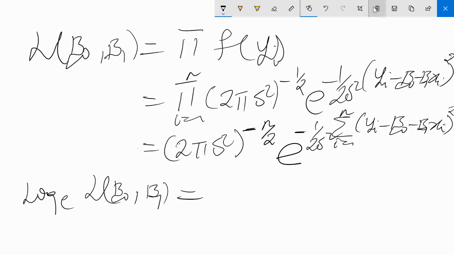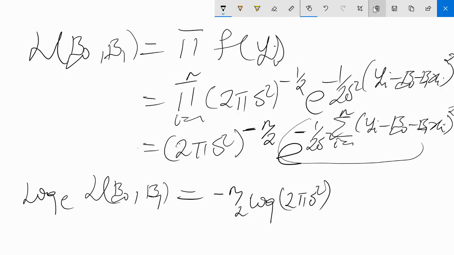And this is going to be, so the log of the constant, negative n over 2 times the log of 2 pi sigma squared, and the log of the exponential part, the exponent will come down, minus 1 over 2 sigma squared times the sum of y minus beta 0 minus beta 1 xi, squared.